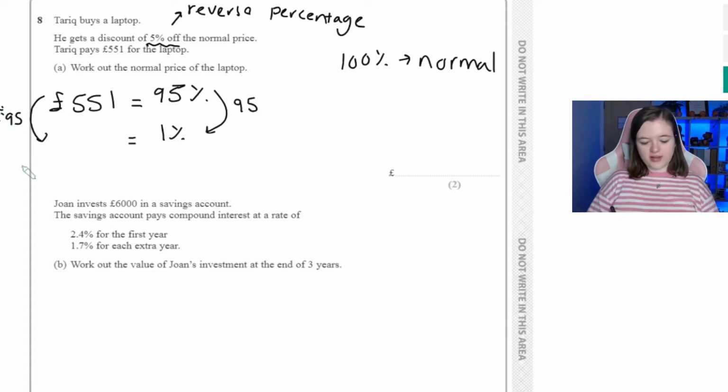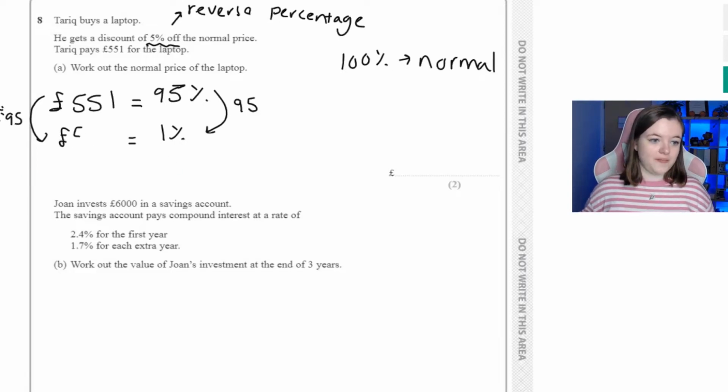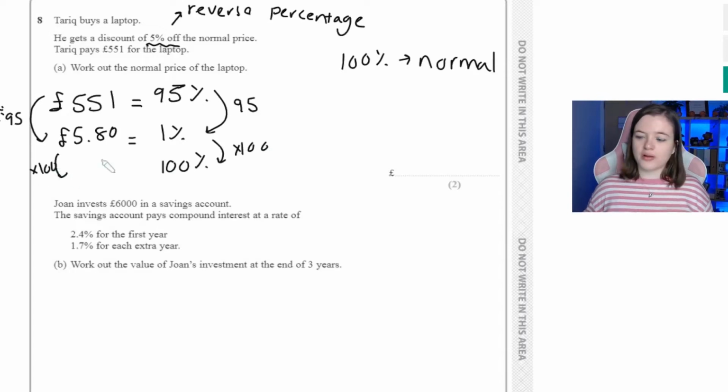And then, so 551 divided by 95 is £5.80. And then I'm going to then find 100%, which is just times by 100. We're going to times by 100 on the other side as well, which is 580. So the normal price of the laptop was £580.